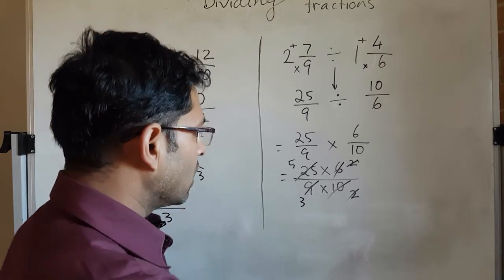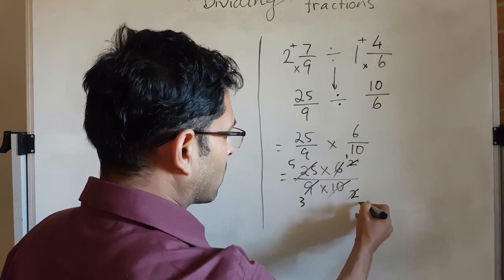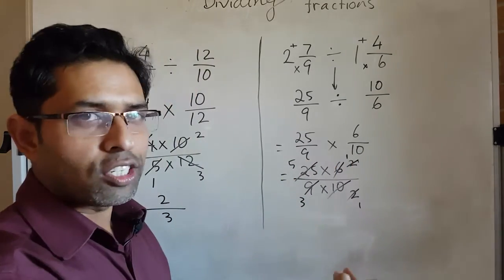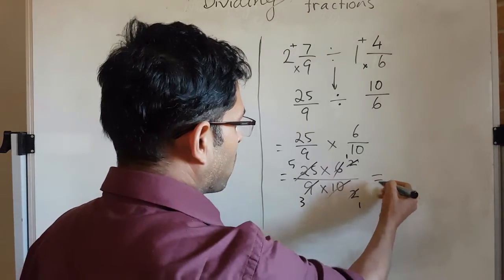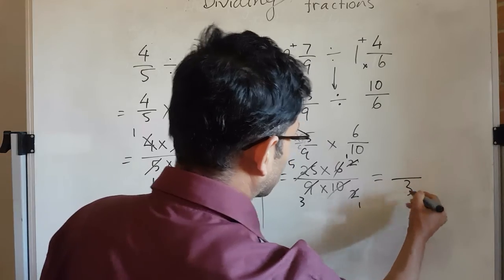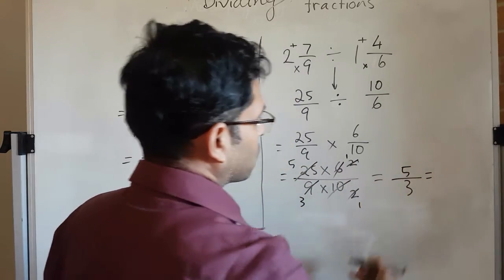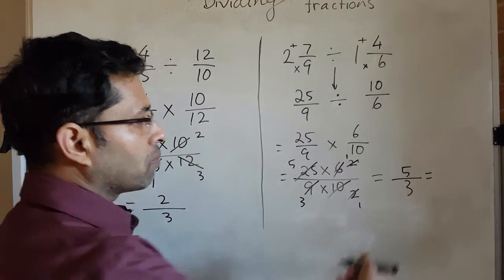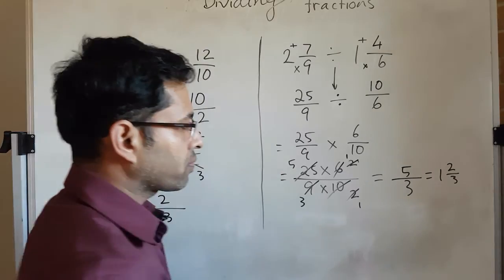If you cancel, a 1 is left. You don't necessarily have to show that 1, but if you leave it, that's okay. So now we have 3 times 1, which is 3, and 5 times 1, which is 5. Finally, you can write the answer as a mixed number, which is 1 and 2 over 3.